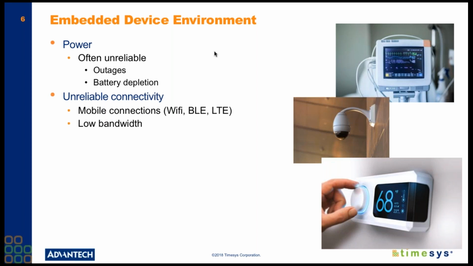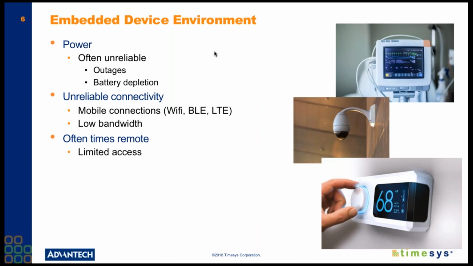Connectivity is also very important because many of those devices are very remote and I need to be able to connect to them somehow. There are different protocols in use, Wi-Fi, Bluetooth Low Energy, LTE, but some of those connections can be troublesome, and sometimes the bandwidth that we desire for software update is not sufficient. So that is something to consider.